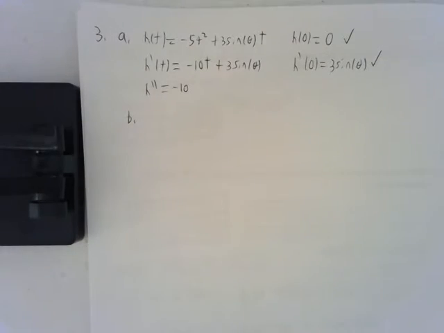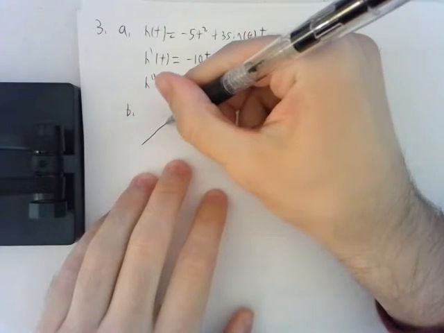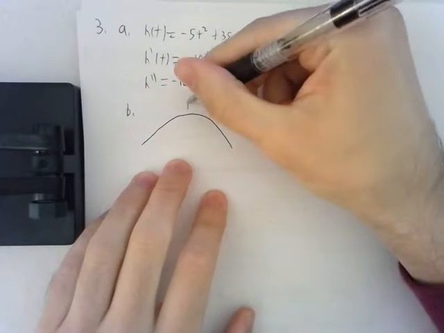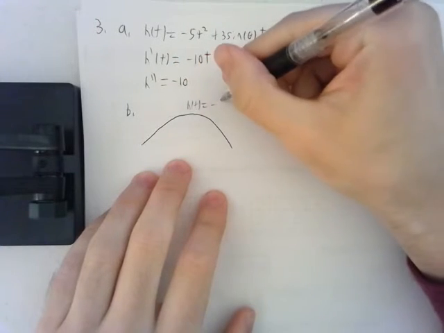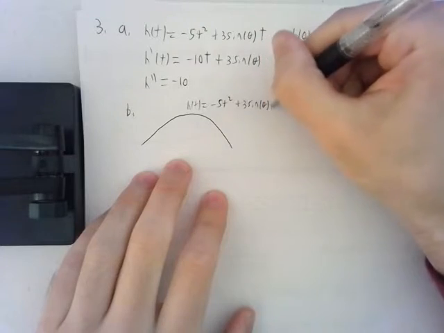Okay, so part B was where the difficulties really start to appear. So we first have to figure out what's going on here. So we have this parabola, which is h of t equals negative 5t squared plus 3 sine of theta t.